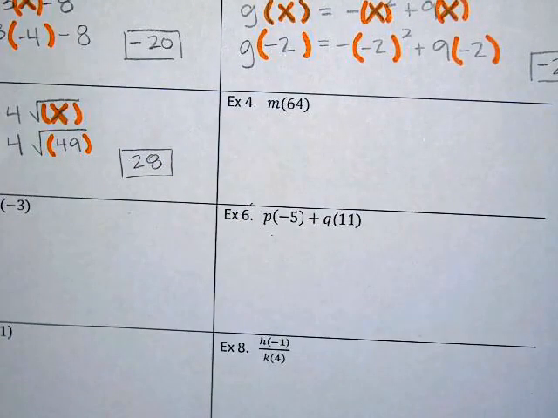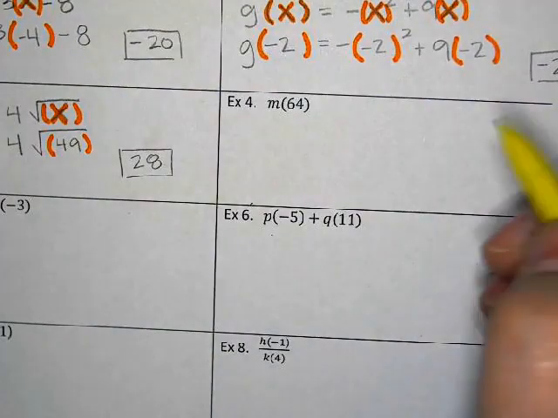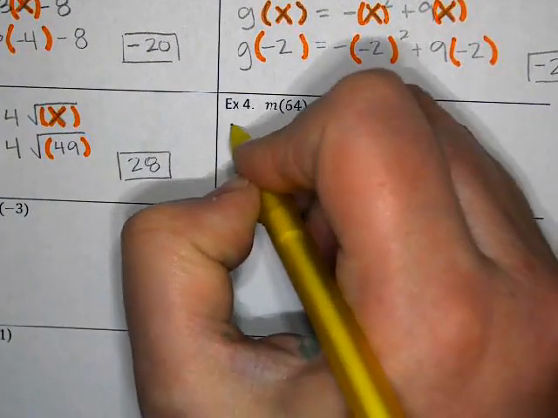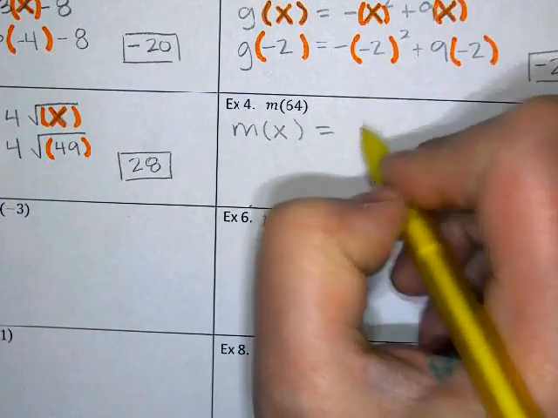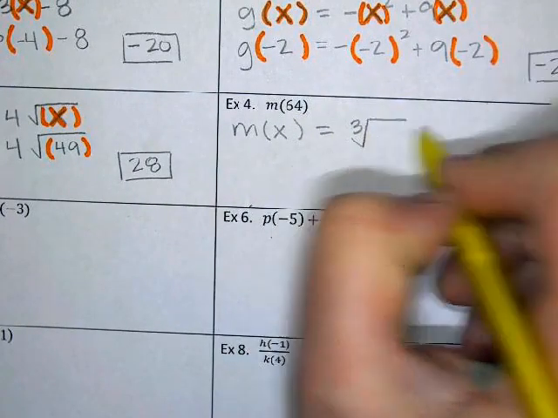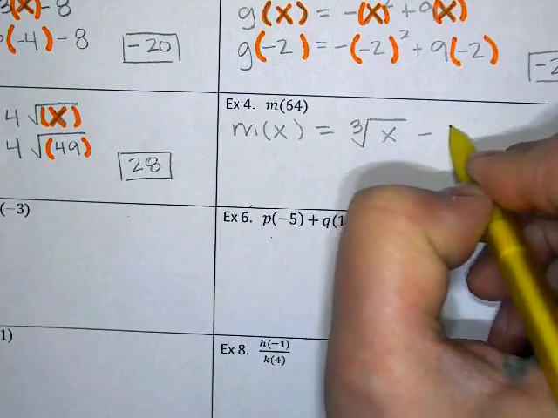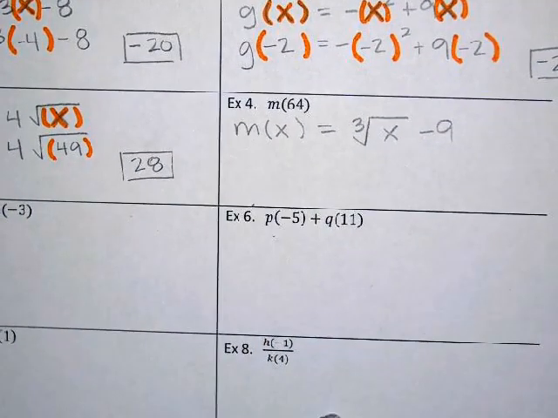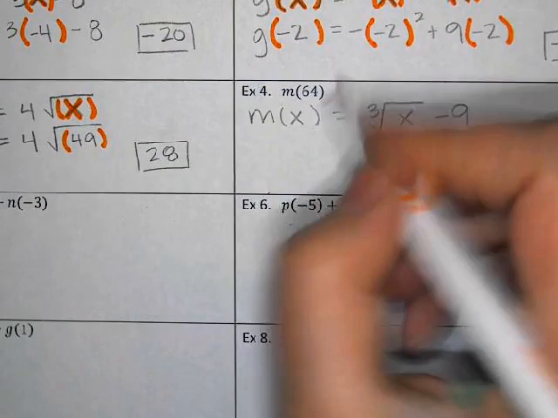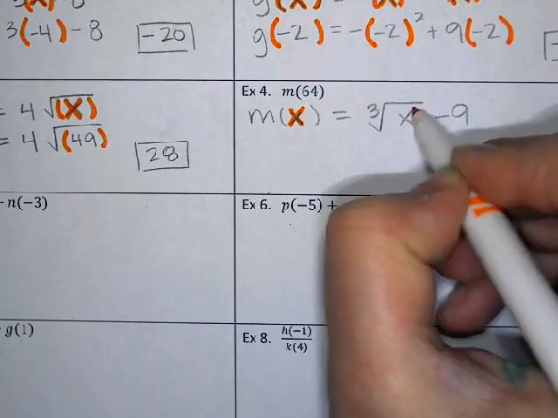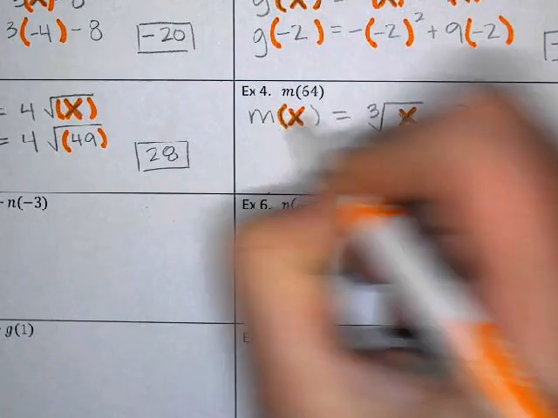All right, next. M of 64, so m of x, I'm writing the function down, and then I'm going to locate my x's. I'm going to see where I'm plugging the number in.